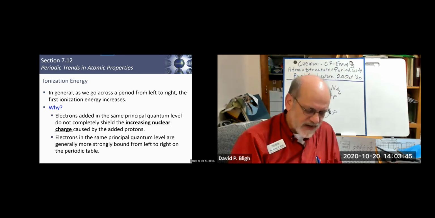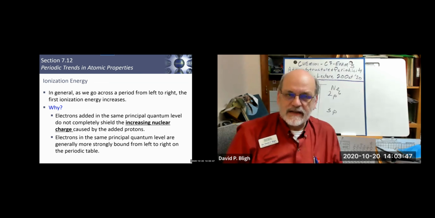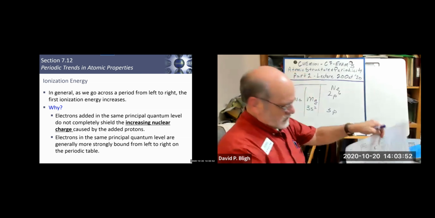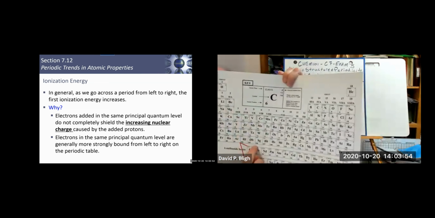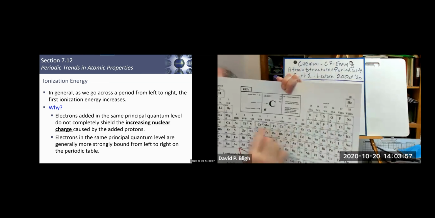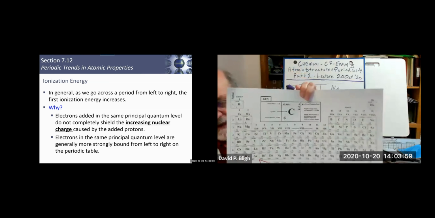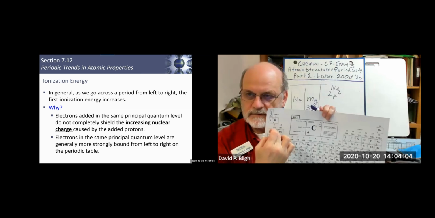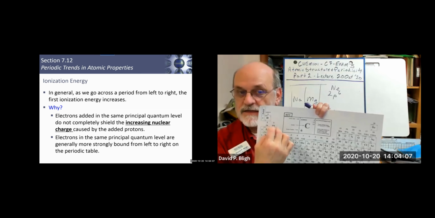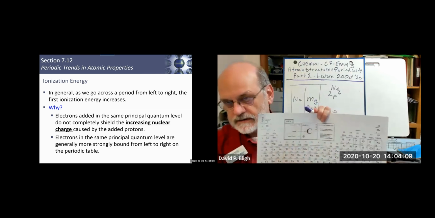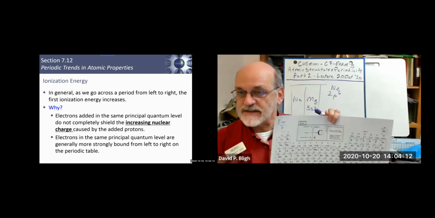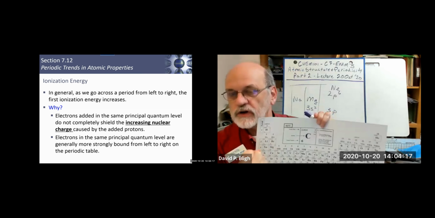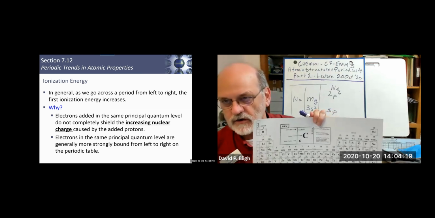Okay, so what's the trend? Well, the trend is, remember, these are groups and these are periods, right? From left to right is a period. So as you go across from left to right in the periodic table, the first ionization energy increases. And that's essentially due to the fact that you're adding protons. There's a stronger nuclear charge that's holding on to those electrons.